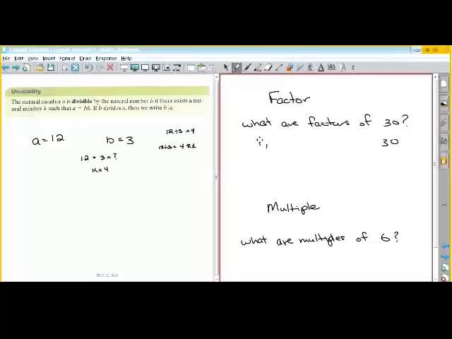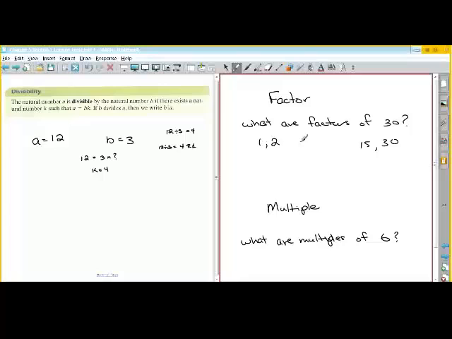The way I do this is I start at 1 and end at whatever the number of interest is. And then I start counting by natural numbers. So I'll go to 2, and I'll ask, can I divide 30 by 2 and get a natural number? The answer is yes. 30 divided by 2 is 15, so I start from the other direction.